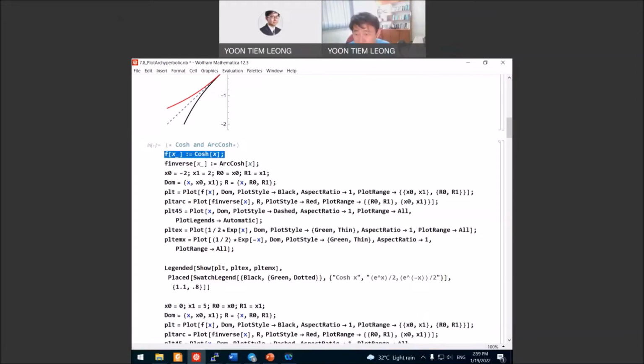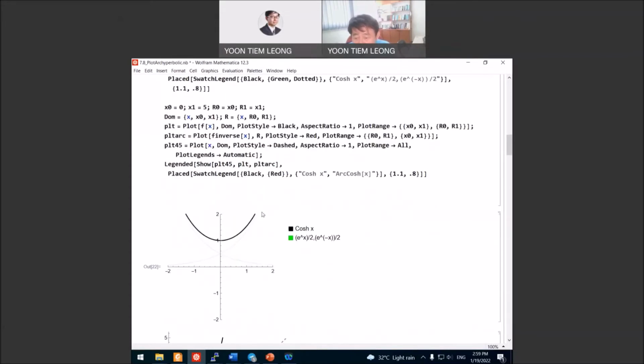First I plot my cosh function. This is the cosh function that I have shown you in the previous slides. It is made up of the sum of e to the power x plus e to the power minus x, divided by 2.